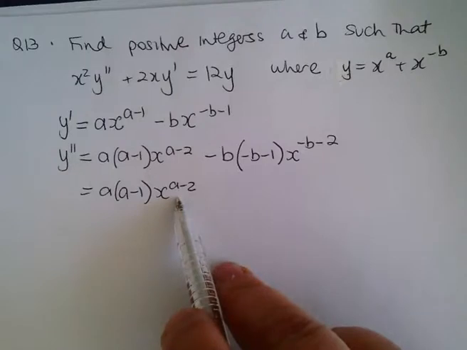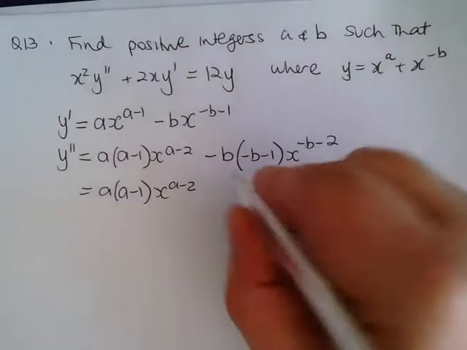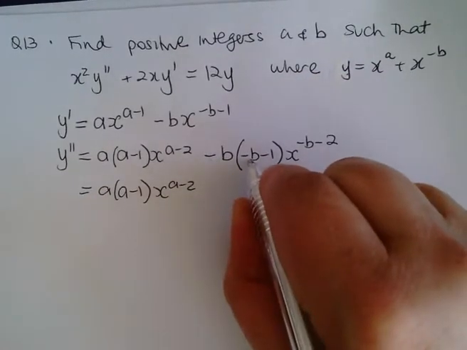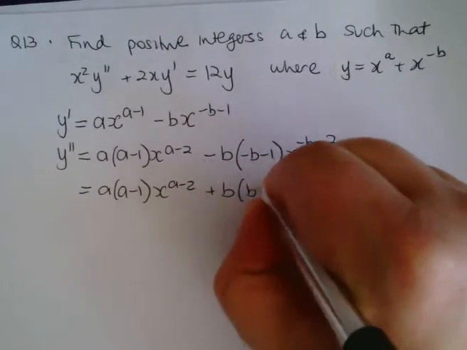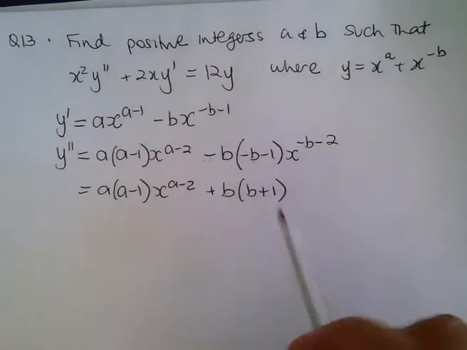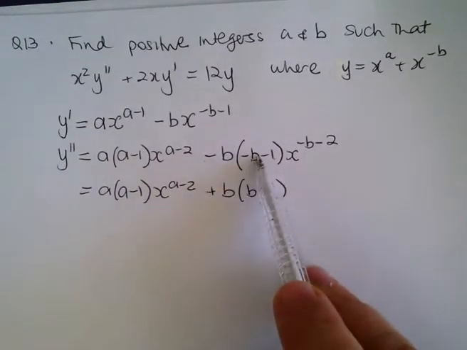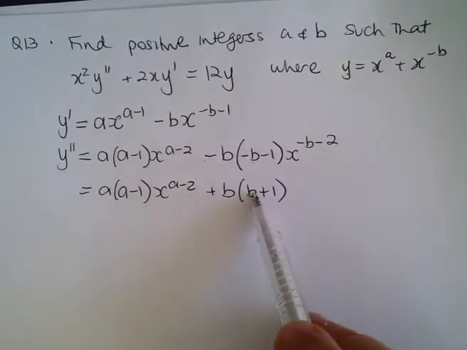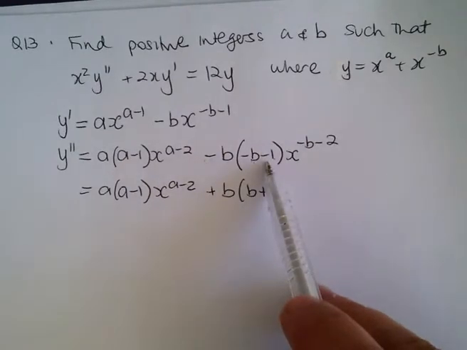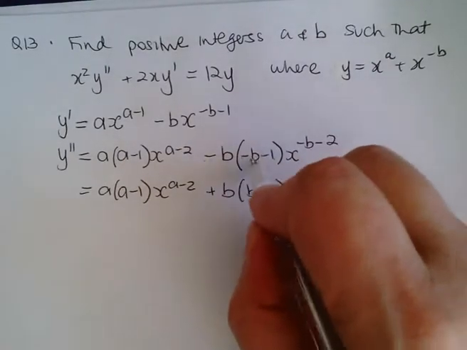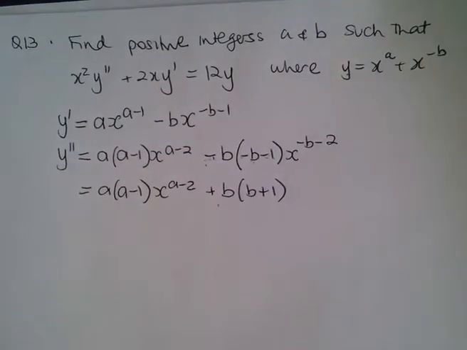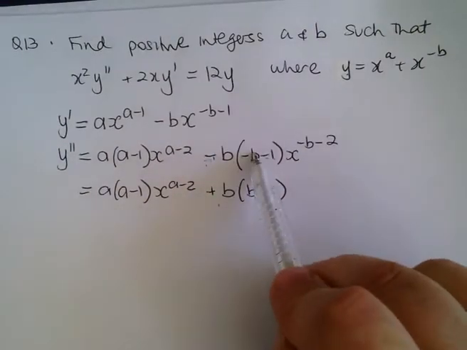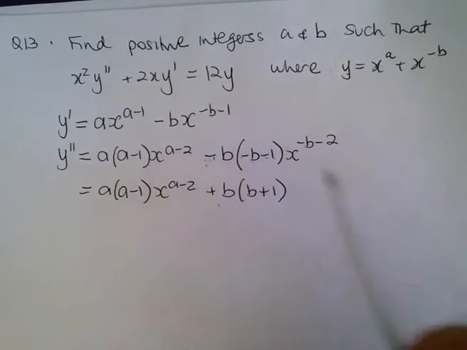Notice the pattern. Negative, negative is a positive. I'm just going to go plus b times b plus 1, because negative b times negative b is plus b squared. You would pull a negative in common out and negative, negative is positive. Can you see that? Plus b squared plus b.